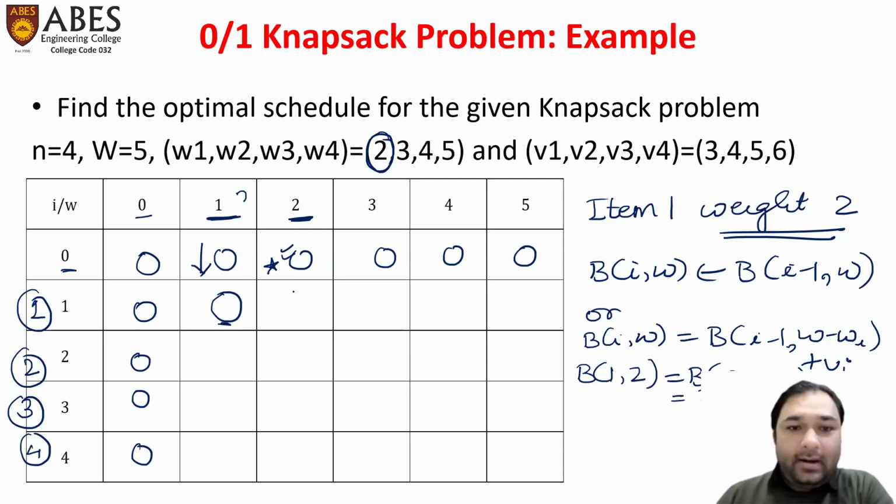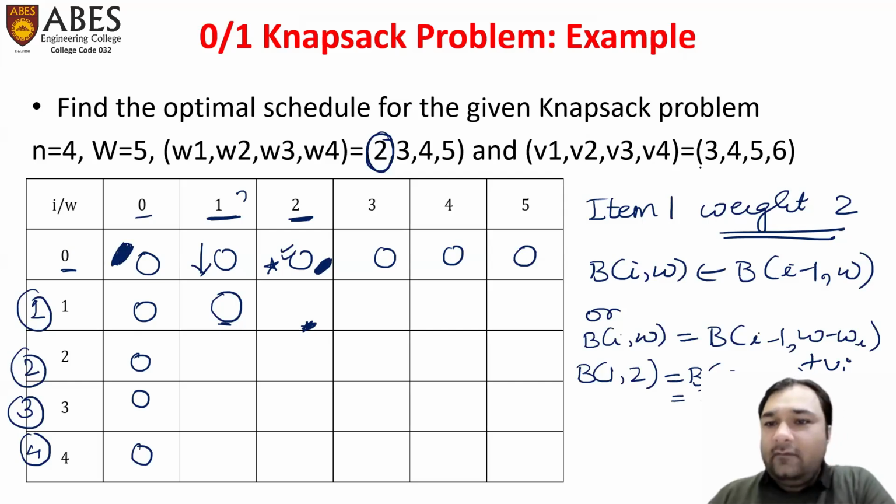Now what happened is, while calculating this value, we are taking the reference of this, or we initially go to this and simply add the value to this. That is B[0, 0] plus 3, it will be 3, and we simply return 3.